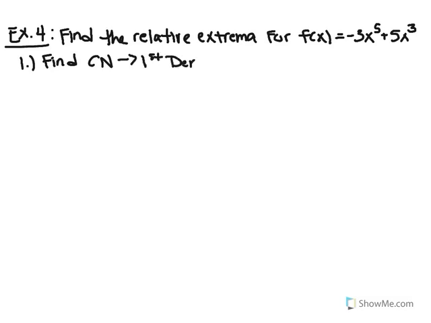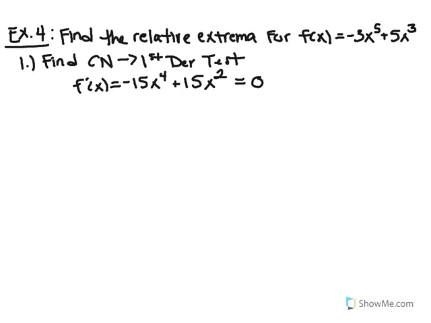So let's get going. We first find the first derivative, so f prime of x would be equal to negative 15x to the fourth plus 15x squared. And then we set it equal to 0.